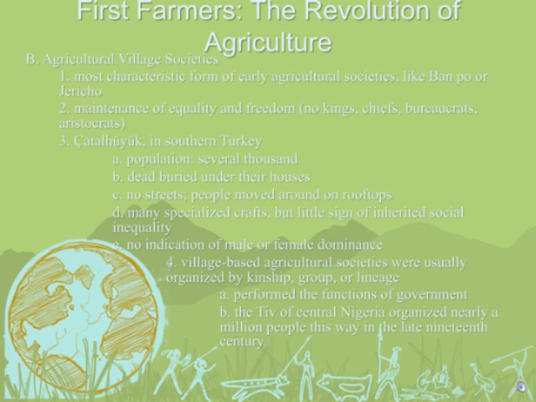Village-based agricultural societies were usually organized by kinship groups or lineages, which performed the function of government. We can see this in the Tiv of central Nigeria, who organized nearly 1 million people this way in the late 19th century.